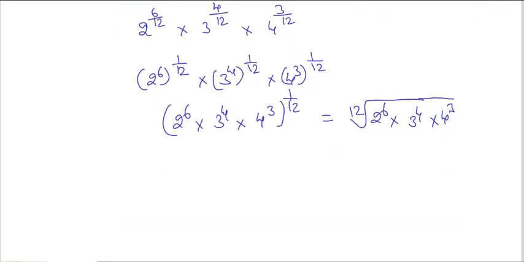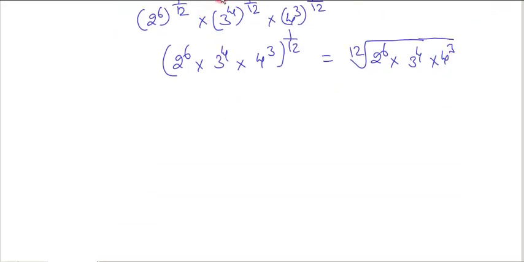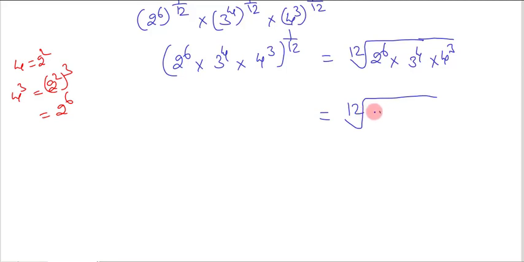Now this 4 cube, if you observe, 4 can be written as 2 square. So 4 cube can be written as 2 square whole cube, which is 2 to the power of 6. So in the place of 4 cube I can write 2 to the power of 6. That means 2 to the power of 6 into 4 cube I am writing as 2 to the power of 6 into 3 to the power of 4.